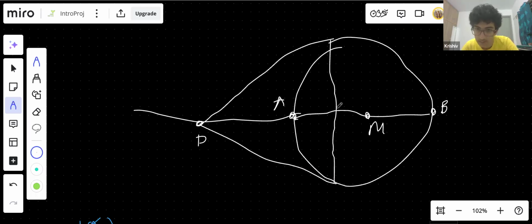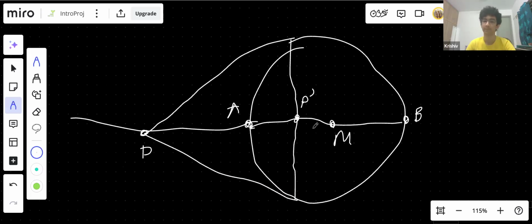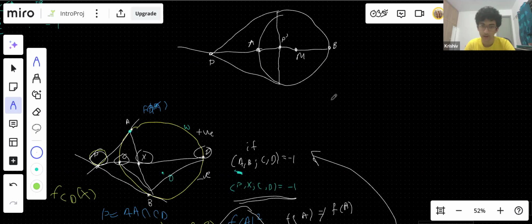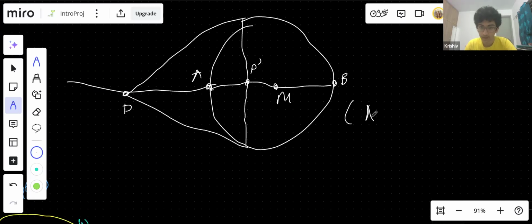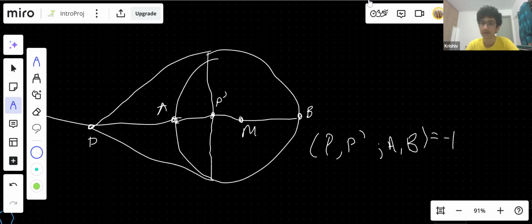This is the inverse P dash. And by this, that PXCD is equal to -1, I have that PP dash AB is equal to -1. Does this make sense?